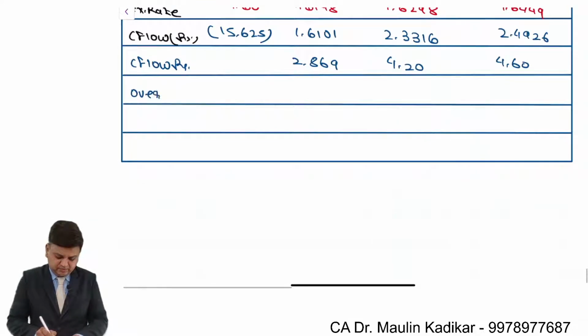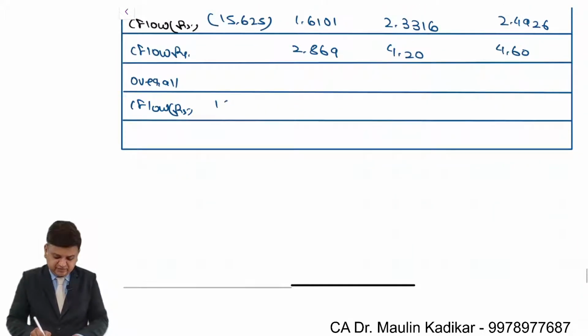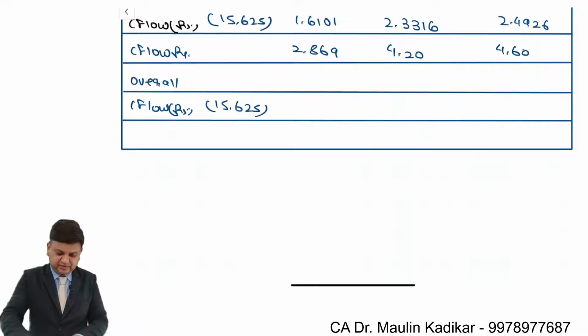So overall cash flows in rupees term, it is 15.625 outflow, 1.6101 plus 2.869, 4.4791, 2.3316 plus 4.2, 6.5316, 2.4926 plus 4.6, 7.0926.